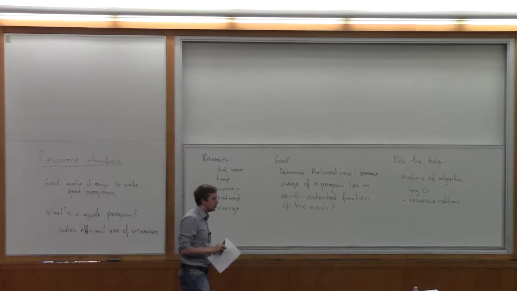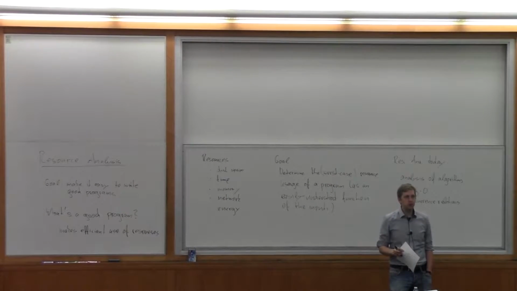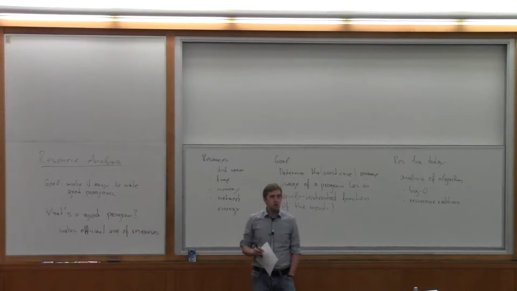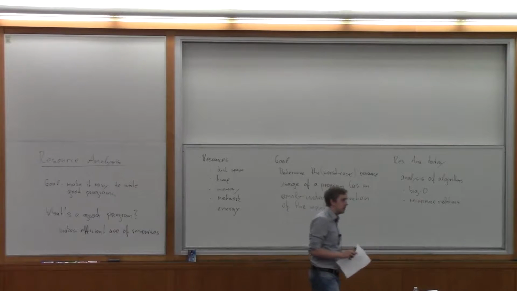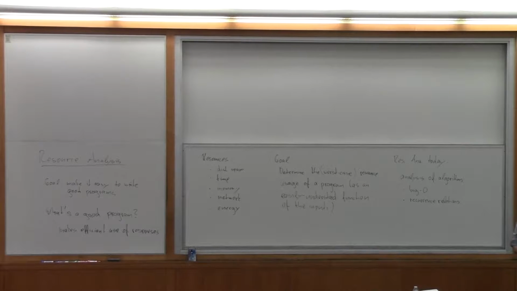But to do it that way has many problems. So anybody, what are problems to analyze programs like that? Yes, so you don't get precise information. So why is that a problem? Because when you want to choose between implementations. Exactly.